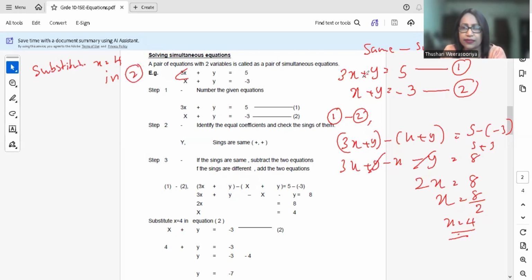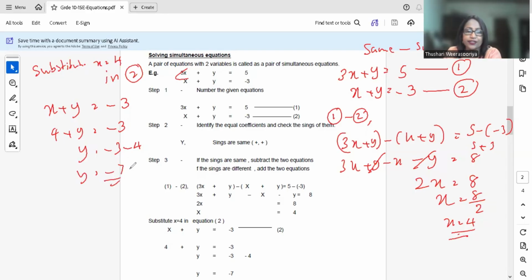That's easy for me. You can take any one of these two equations. I'll take the second one, x plus y equals minus 3. Substitute x equals 4, and you get an equation with y. y equals minus 3 minus 4. That is y equals minus 7.